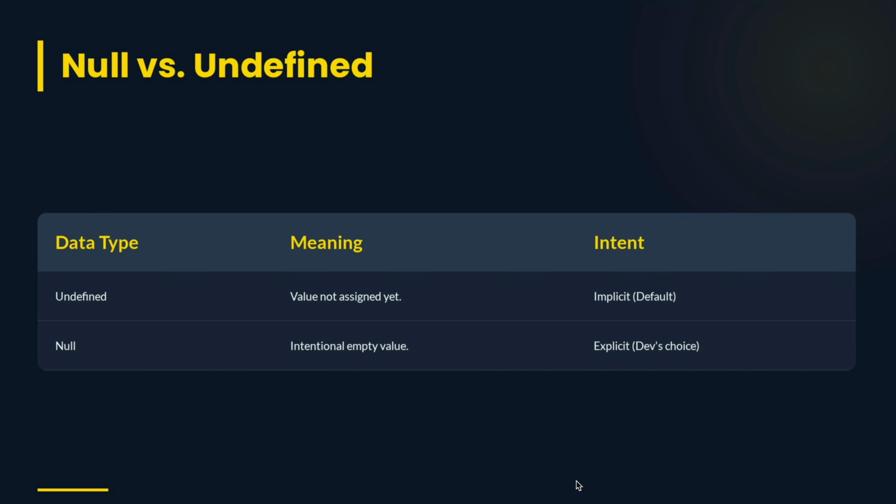If the user hasn't uploaded a profile picture, the application could intentionally set that field to null. It's basically saying we know about this field and right now it deliberately has no value. So remember, undefined often means missing or not assigned. Null means intentionally empty.